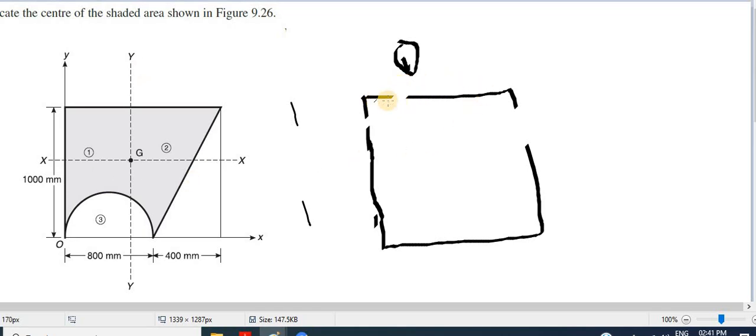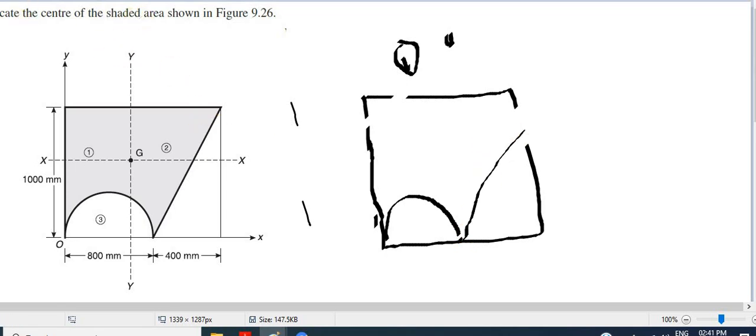So first is A1, X1, minus of A2, X2, minus of A3, X3, divided by A1, the whole rectangle, minus semicircle A2, minus A3.